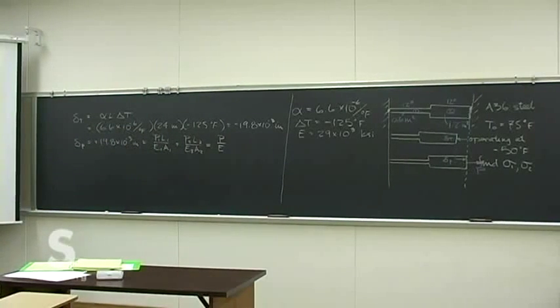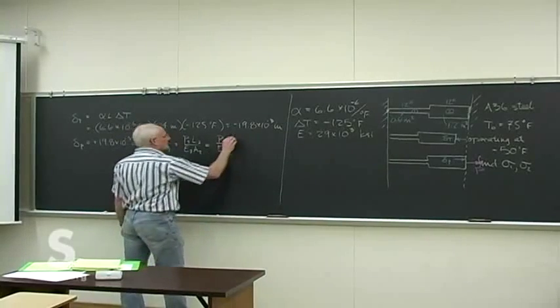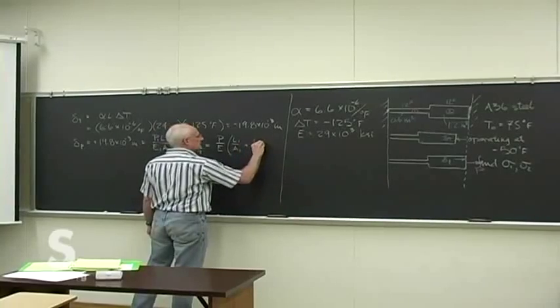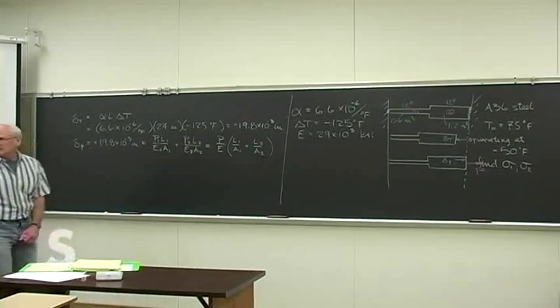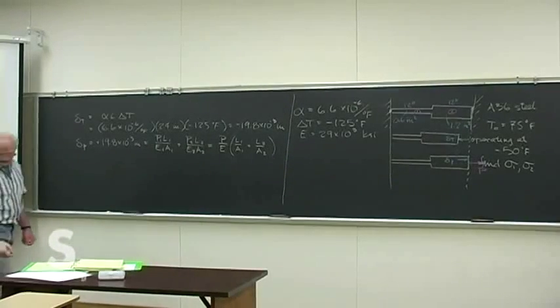Just a little bit of algebra. And it becomes L1 over A1 plus L2 over A2. Remember, these are the original lengths and the original areas, just as we've done this before.